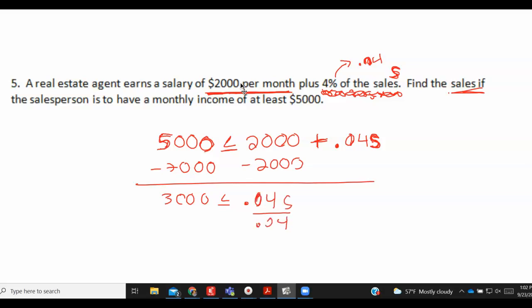Divide by 0.04. And she must sell at least $75,000 worth of real estate to make her monthly income.